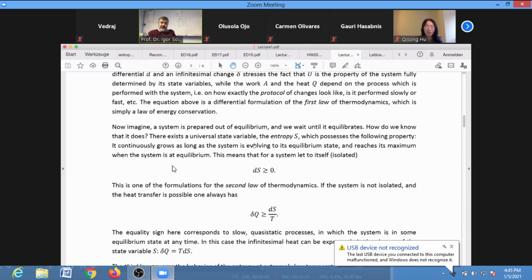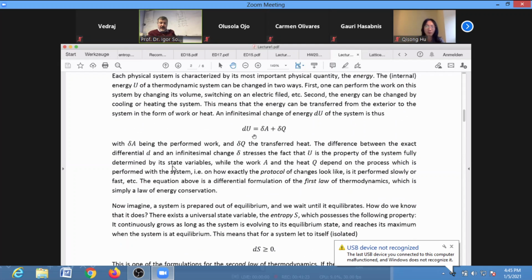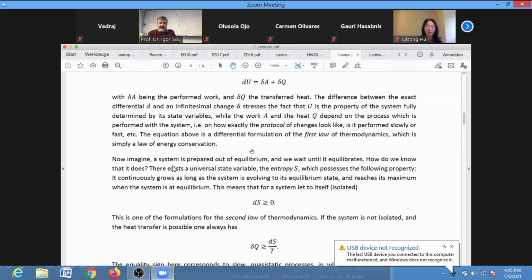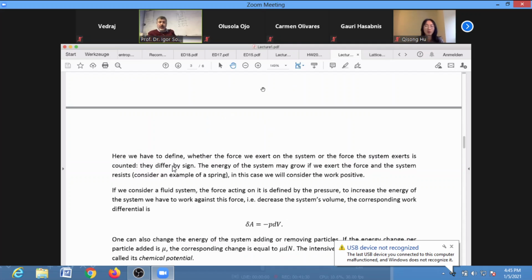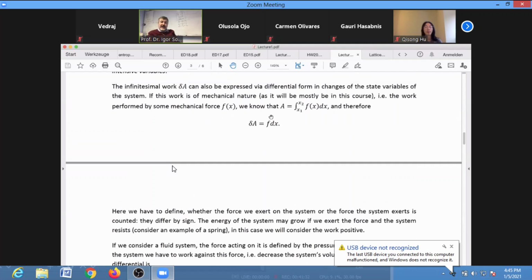Now, so we have here our internal energy as a function of thermodynamical parameters, and we have the work and we have the heat. Let's look at the work first, and the mechanical work is simply F dx. This you know from mechanics. Now, what is F? First, F is either the force you exert on the system or the force which the system exerts on you.